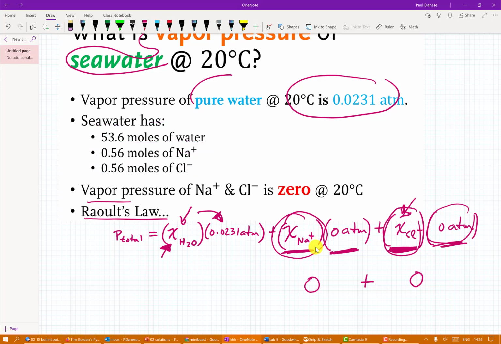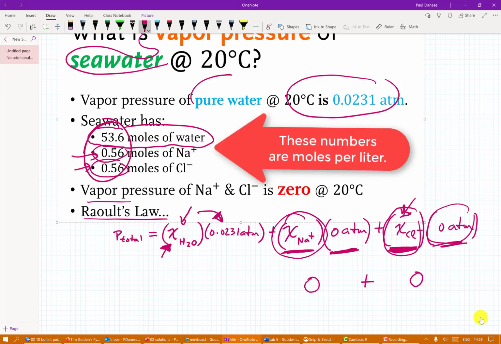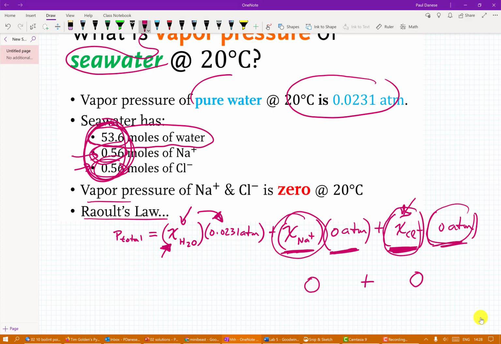So let's do that. What we have to do is figure out the total number of moles of things in our seawater. So that's going to be 53.6 plus 0.56 plus 0.56. And that is going to be a total of 54.72 moles of all things dissolved in seawater.